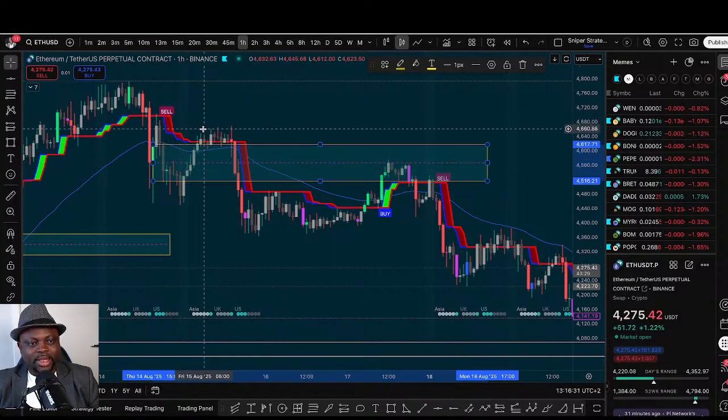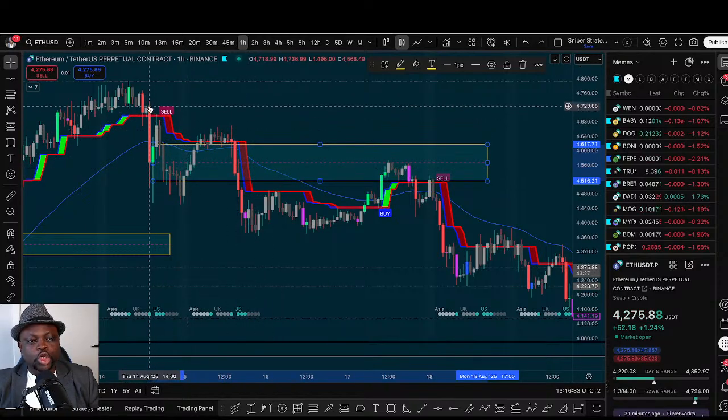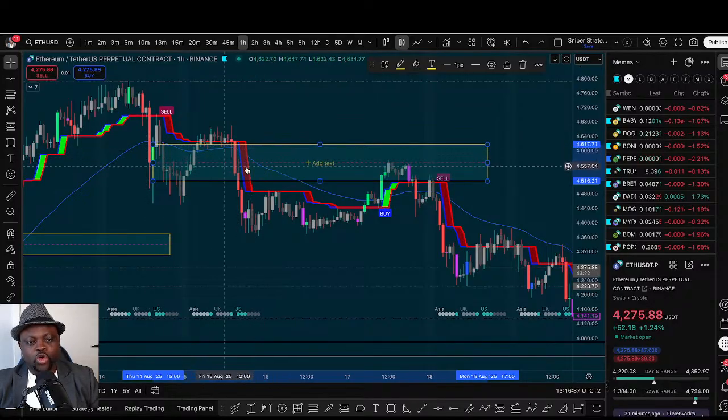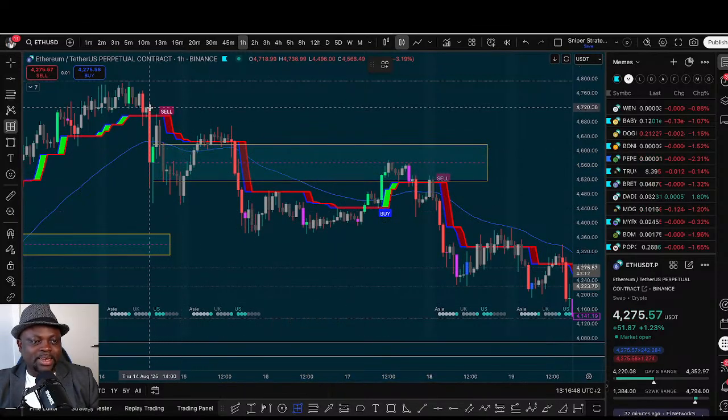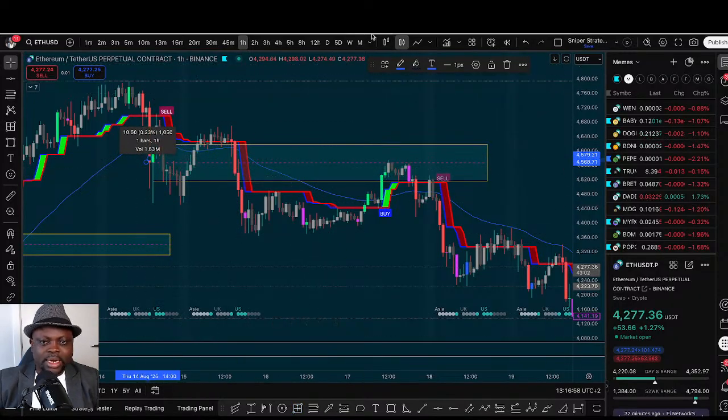This zone here. Because whenever you see a huge move like this, before you even draw this zone where the alpha trend printed this sell signal, what you have to do first is look at this candle, the huge bearish candle. Use this measuring tool that I'm using right now.